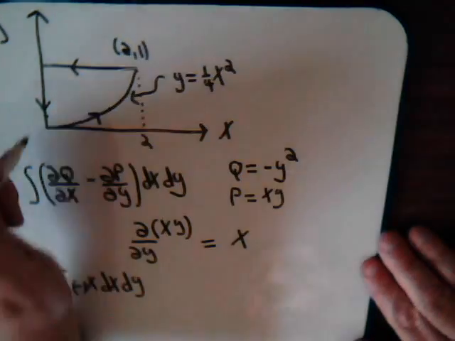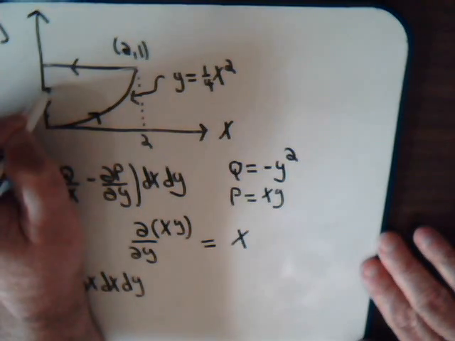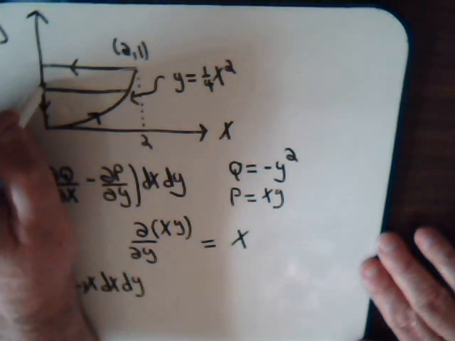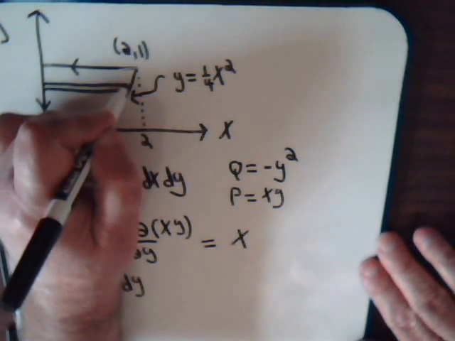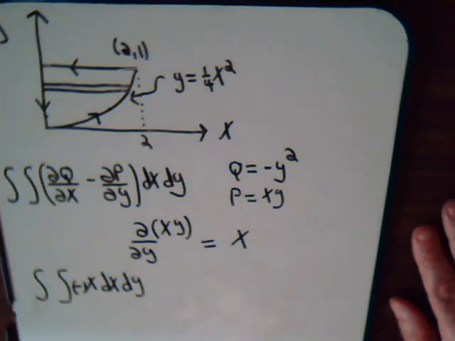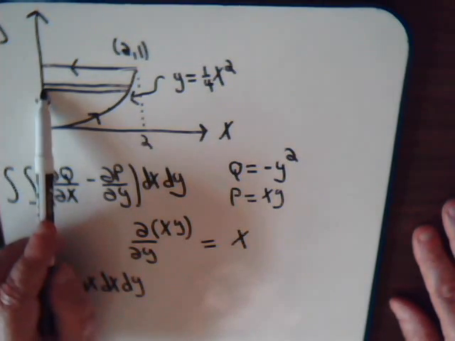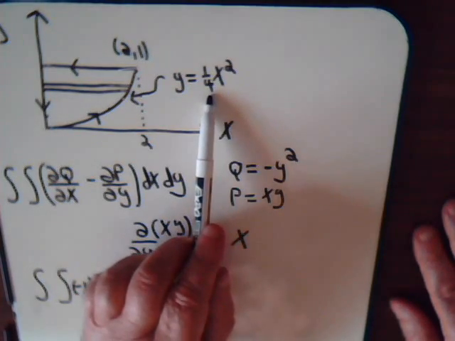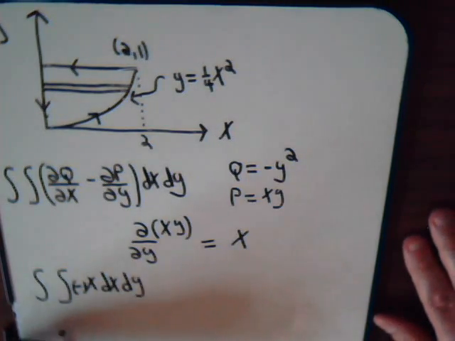But that means then we're using these horizontal strips. So let's just draw one in like this. So x starts at 0 and it ends up out at this curve that has this equation.